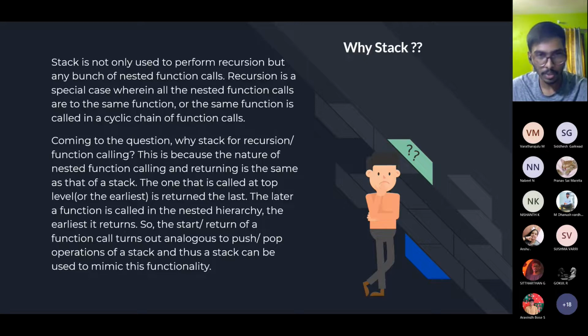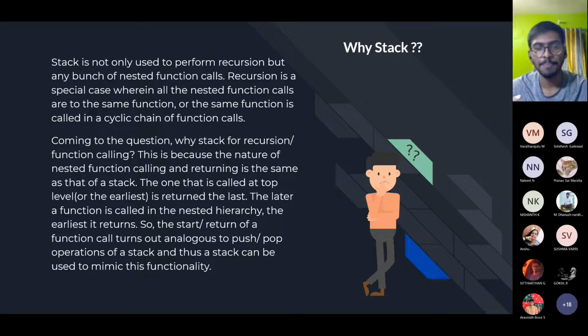It's like a loop or a cyclic chain of function calls. Whenever your function is called, a nested function is called, or returns the value, then a similar function is called again, and it returns. It's like the start and return of function calling. It's like an analogy to the push and pop operations of stacks. It's like a mimicking process of that.